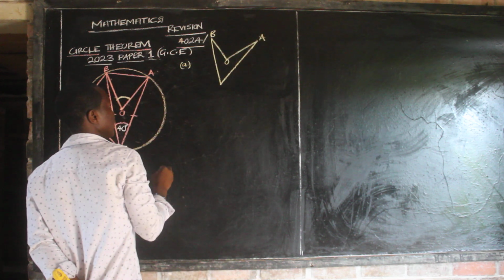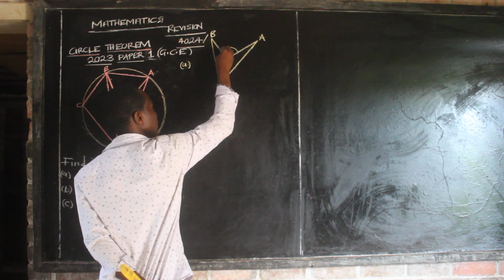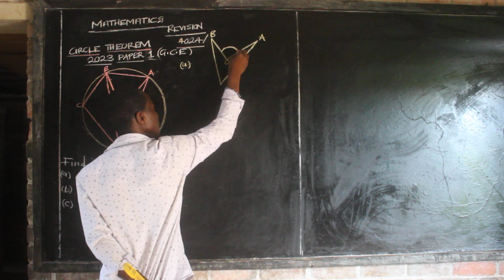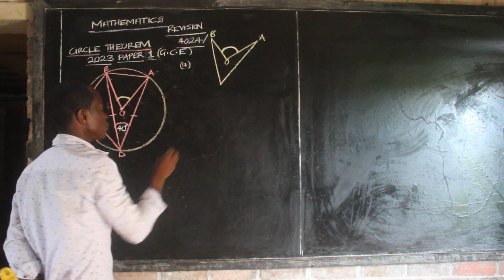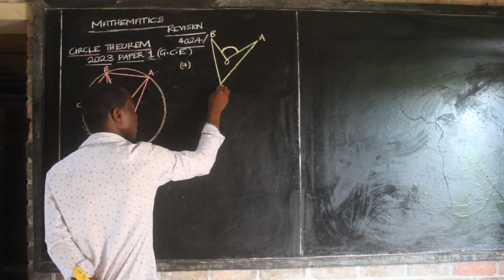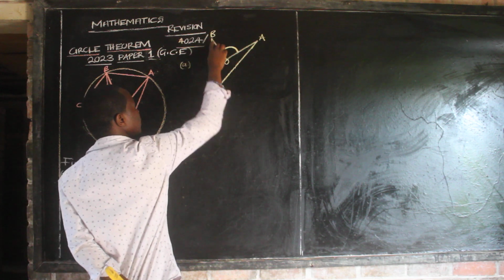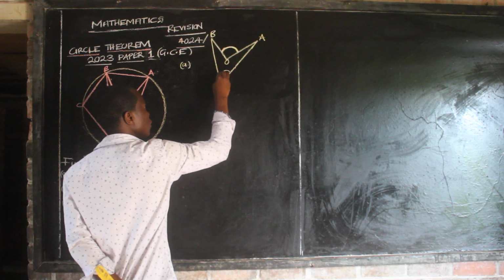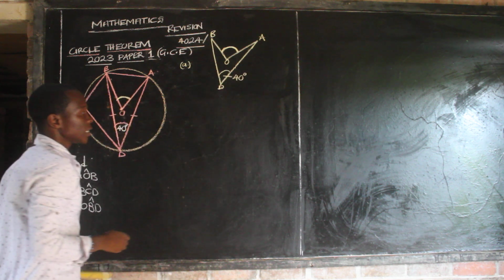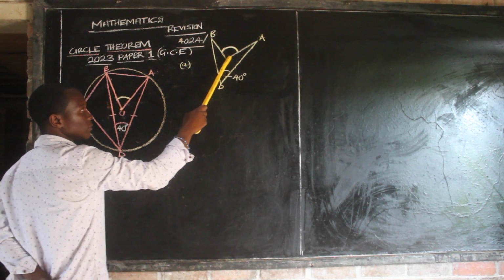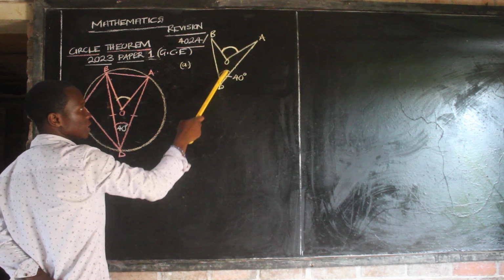Now they want the angle at the center. Take note, they want the angle at the center. And you know that the angle at the center is twice the angle on the circumference. So the angle on the circumference is angle BDA. Now this angle is 40. Now we are saying the angle at the center is twice the angle on the circumference.